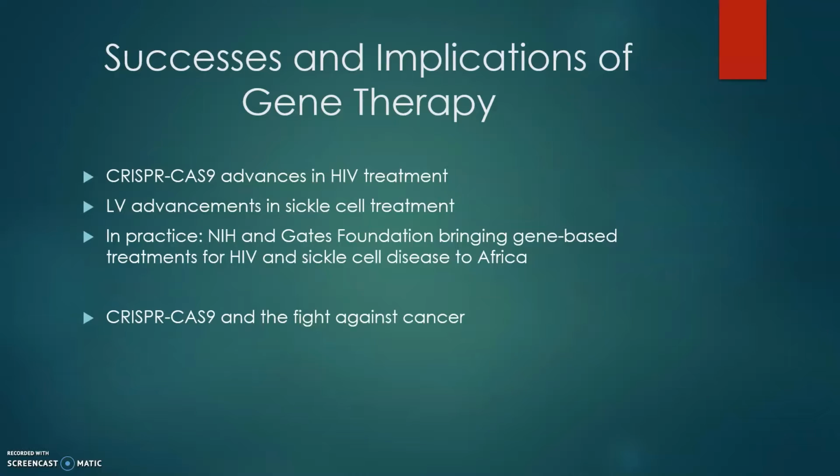All throughout Africa. And also for the hopeful future, CRISPR-Cas9 is also leading the charge in the fight against cancer, because we've discovered with CRISPR-Cas9 that not only is correcting defects in the cell possible, but also making other cells more efficient.